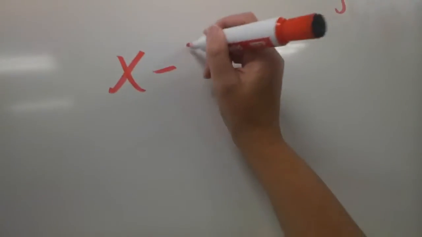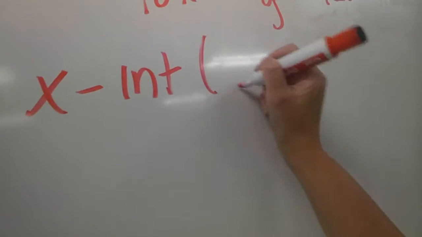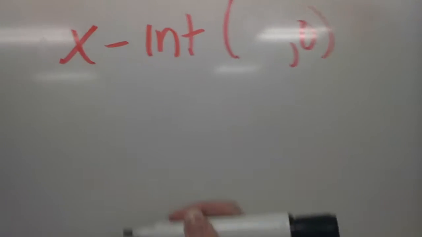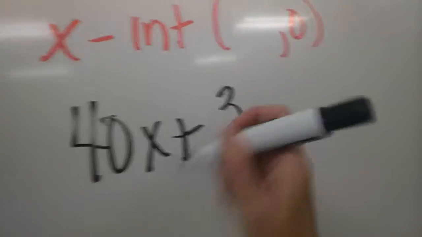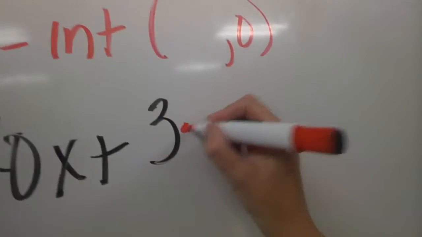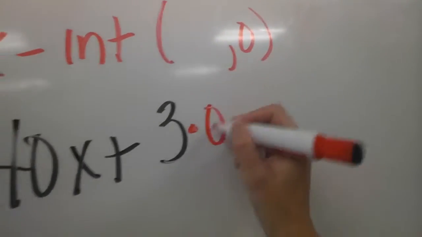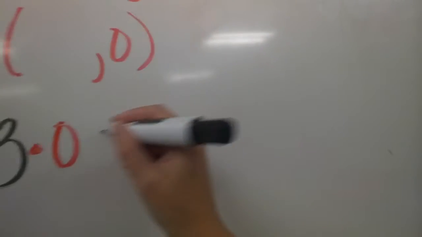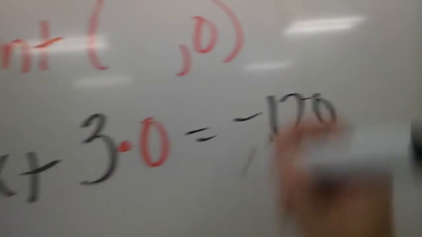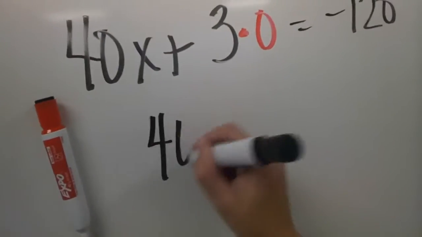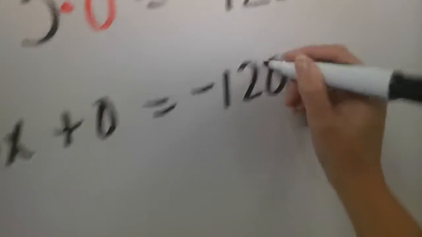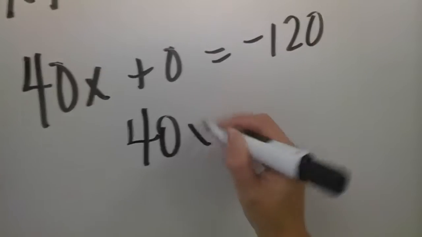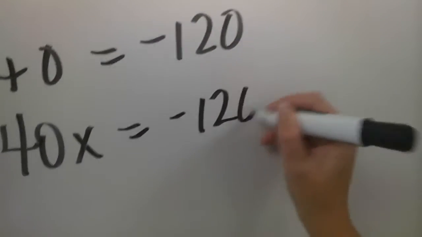So our x-intercept, something comma 0. So 40x plus 3 times 0, that's where our 0 goes, equals negative 120. 40x plus 0 equals negative 120. 40x equals negative 120.